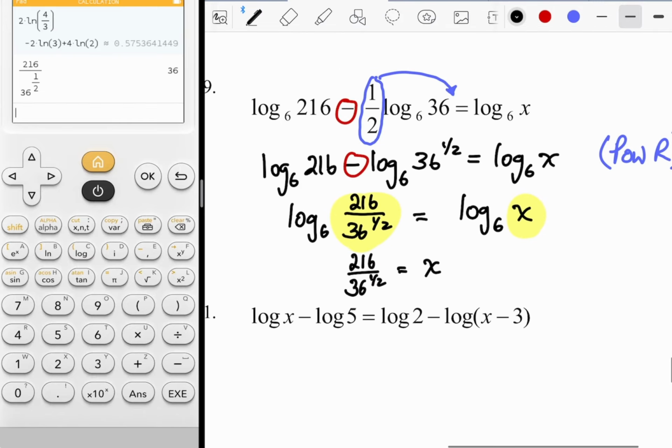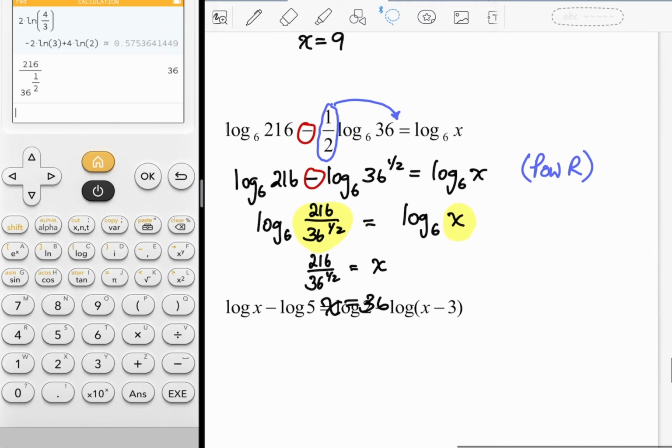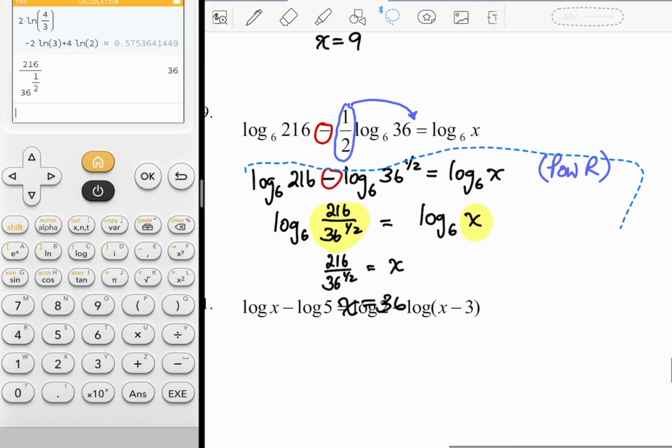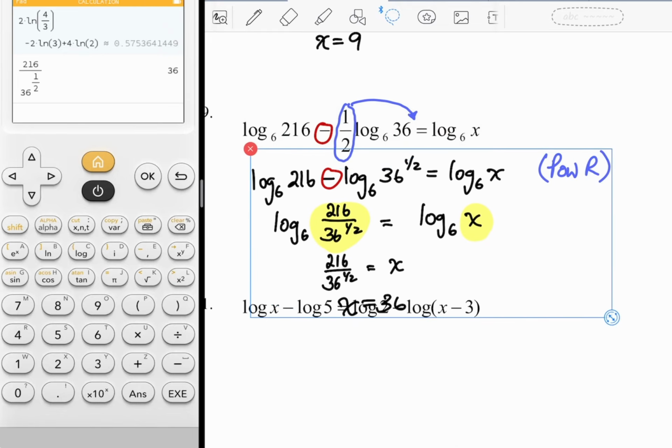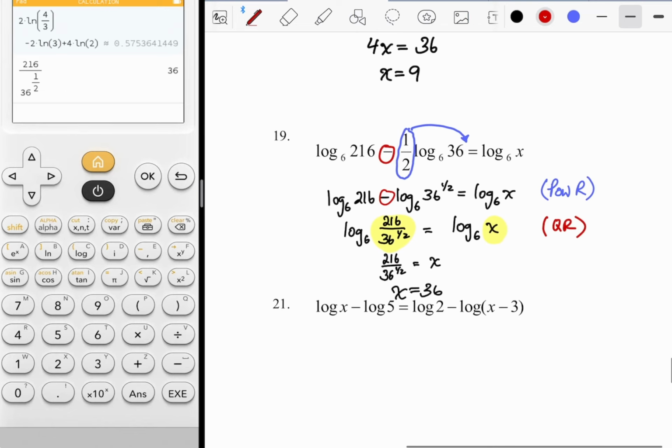Ooh, that moved on me. A little resize action here. And again, I'm just going to make a note that I applied the quotient rule. All right, so it takes a little getting used to, but it shouldn't be that bad.